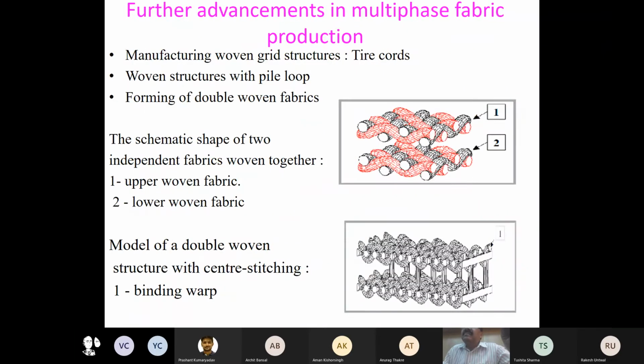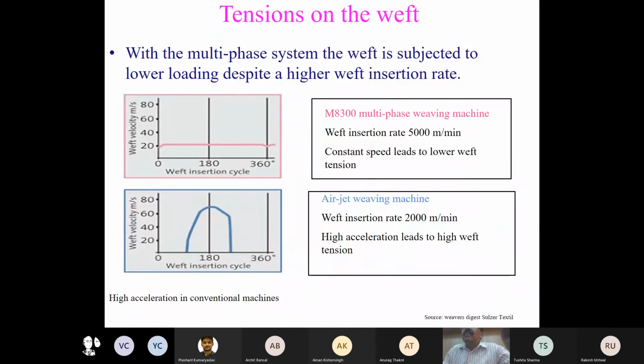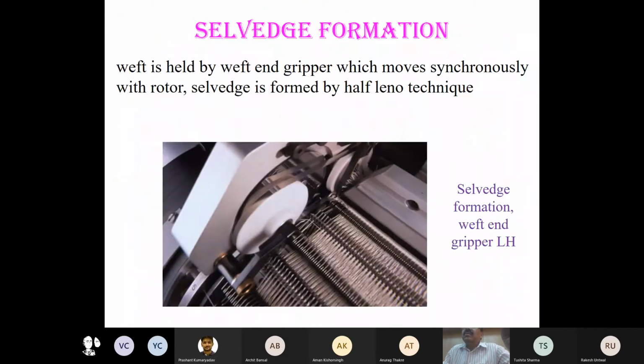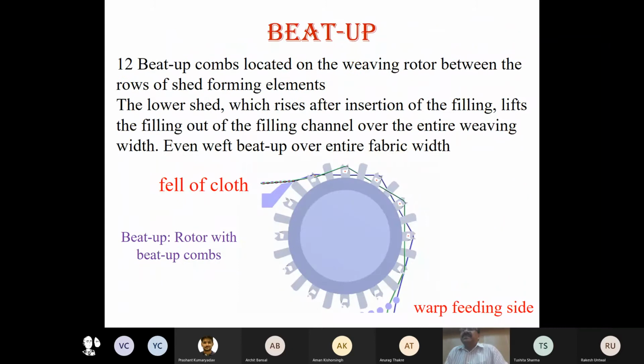Look at this. If you recall how weaving takes place here, at any point of time, 4 weft yarns are inserted: 1, 2, 3, 4. And as you can see here, the weave design used in this particular case is plain weave.